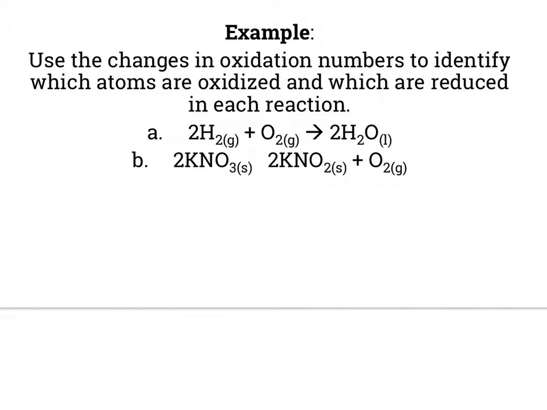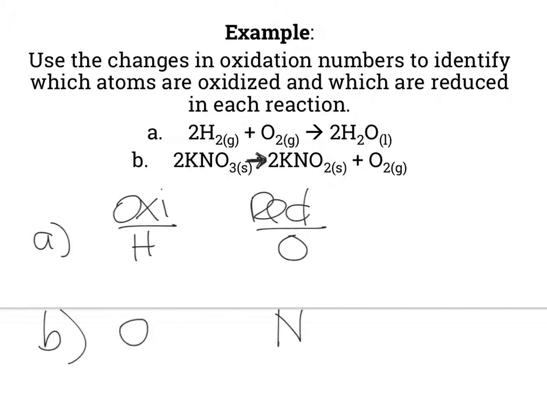Oh, sorry, real quick. First off, arrow. Second off, your answers are going to be one of the reactants, well, the atoms. Have fun. All right. In our first example, hydrogen is going from 0 to +1.